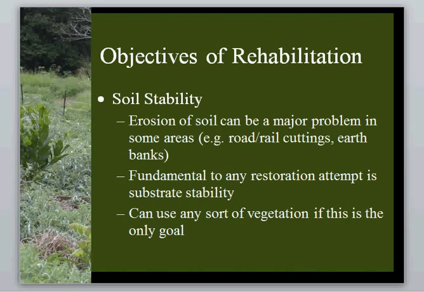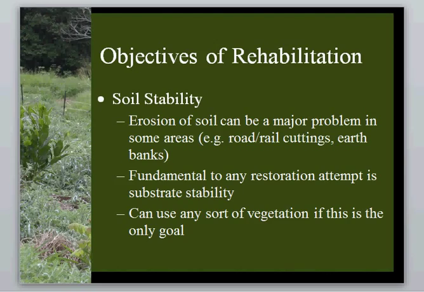If the only goal is to stabilize soil, then it doesn't matter what sort of vegetation is used to stabilize that soil. We could use grass, we could use trees, we could use bushes, whatever species of grass.